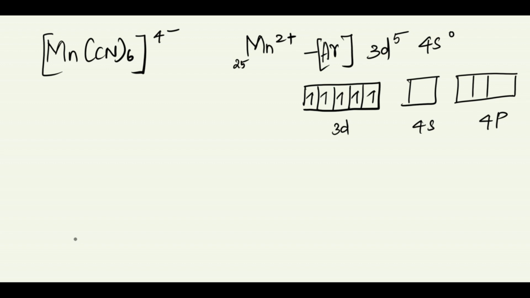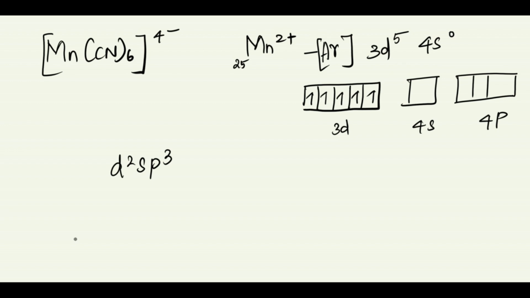CN is a strong field ligand, but unfortunately, while they proposed VBT, they didn't find that. So simply he was mentioning that Mn(CN)6 is having a diamagnetic behavior. Mn(CN)6 is having the paramagnetic behavior, and the hybridization becomes d2sp3.